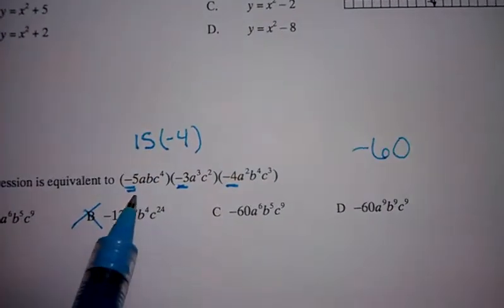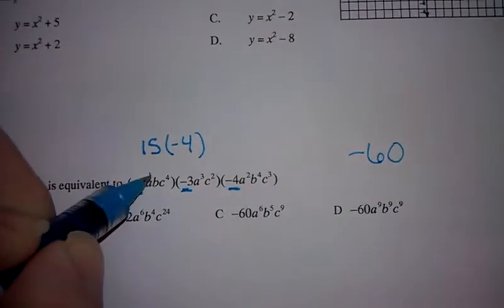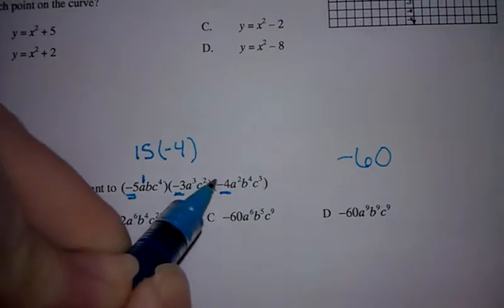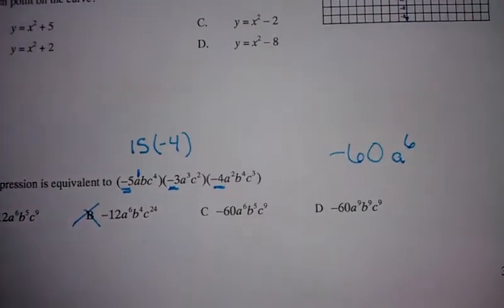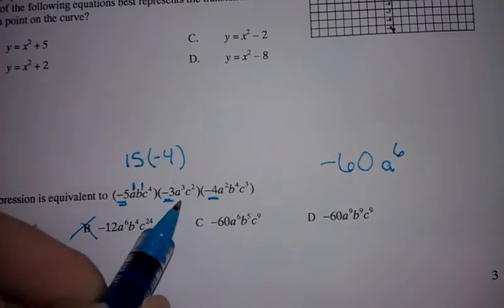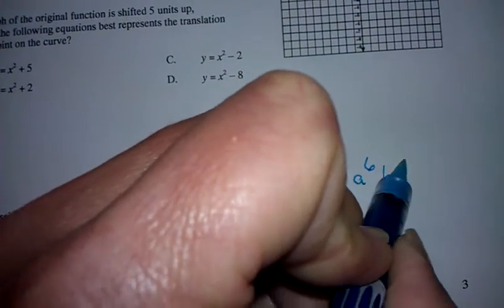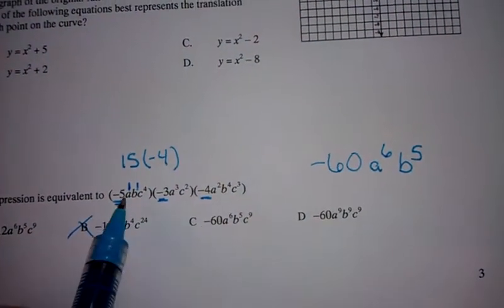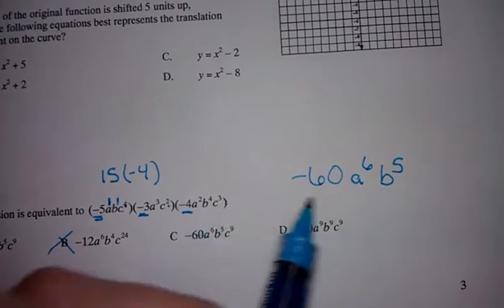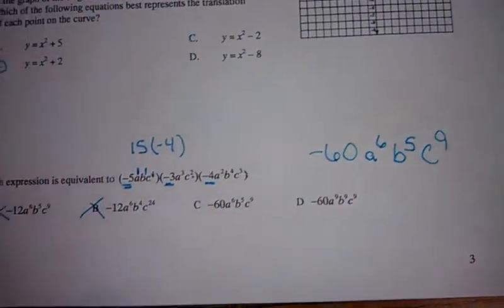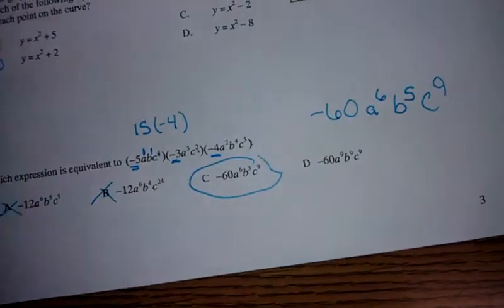Now, when you're multiplying, you add the exponents. 1, 4, 5, 6. A to the 6th power. B, 1, none there. B to the 5th power, because that was a 4, that was a 1. C to the 4, 5, 6, 7, 8, 9. C to the 9th. Your answer is C.